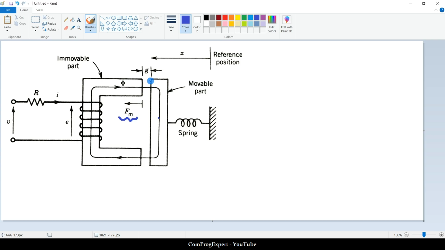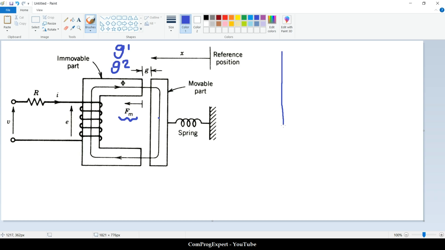So if we consider a situation where the gap changes from G1 to G2, how can we calculate the average value of the developed force? Yes, how much is that?